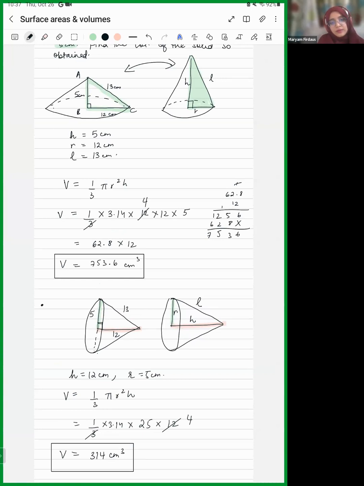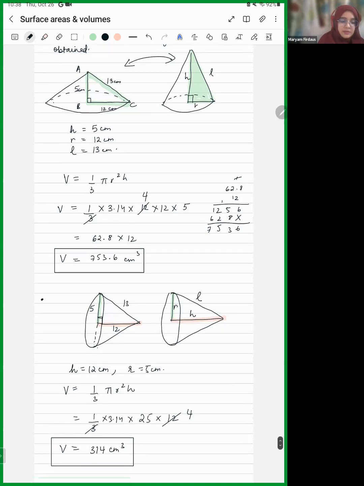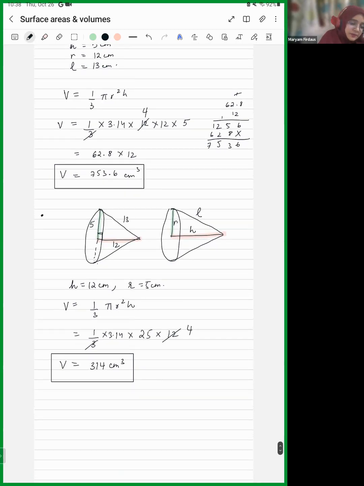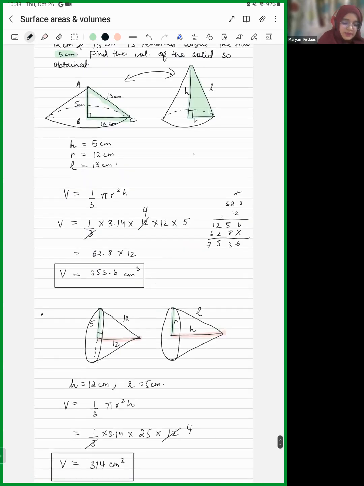Yes, ma'am. So if someone asks you to find the ratio of these two volumes, what will you do? Don't just divide them, because that's going to take some effort. So what you can do is, let's say this is the first cone, this is the second cone.